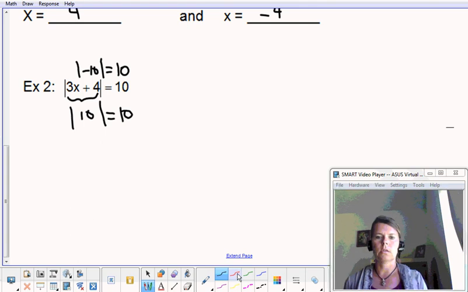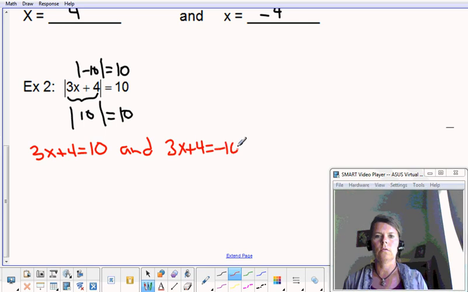I'm just going to change colors. One equation, 3x plus 4 can equal 10. And 3x plus 4 can equal negative 10. Now, you just follow the steps of solving an equation, because now it just looks like the equations from last week.